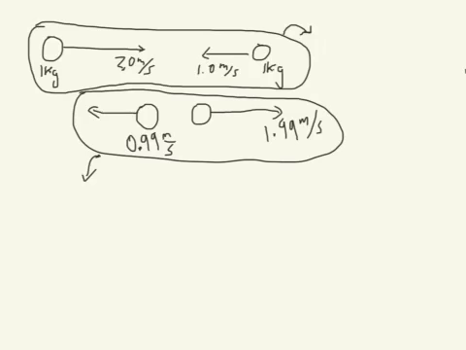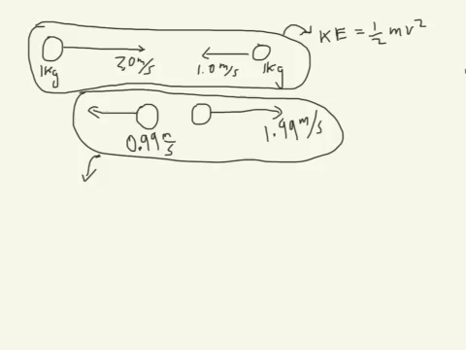Okay, now let's look at kinetic energy. Is the kinetic energy of the two balls before the collision equal to the kinetic energy of the two balls after the collision? So let's do the same thing. Let's get a total value for the kinetic energy before and compare it to a total value for the kinetic energy after. Okay, before. We have two balls. The first one has, well, first of all, the kinetic energy equation is half mv squared, which we know well.